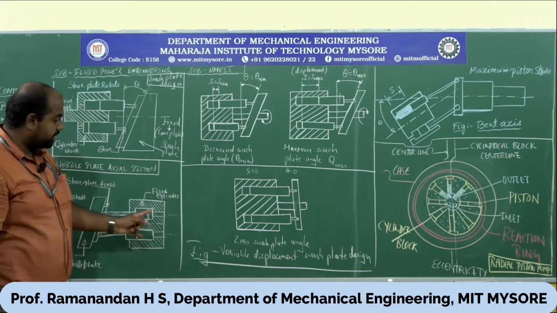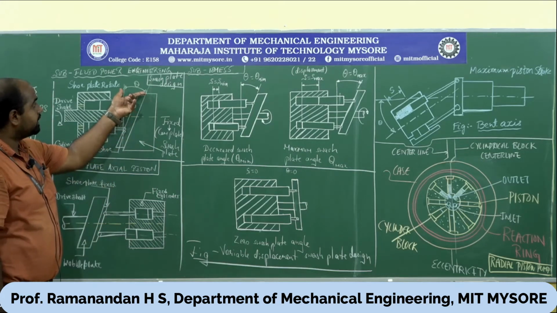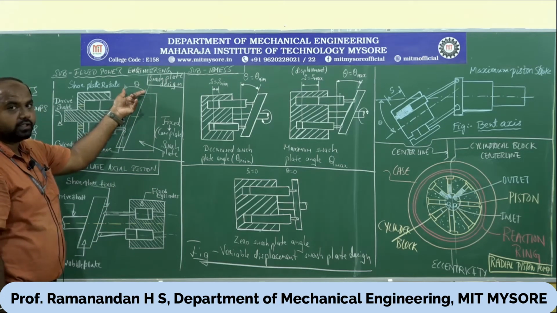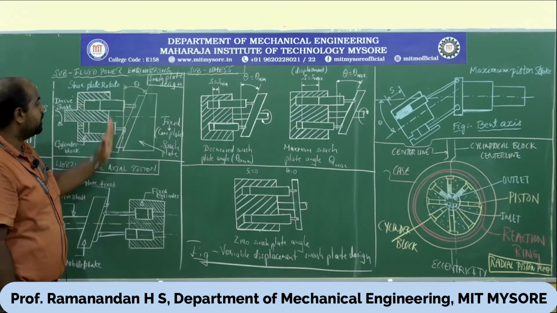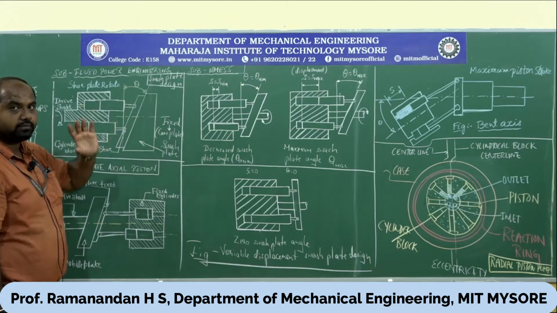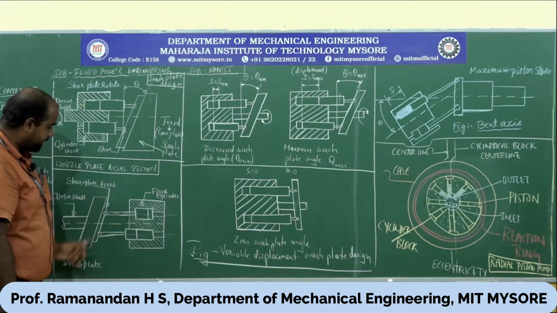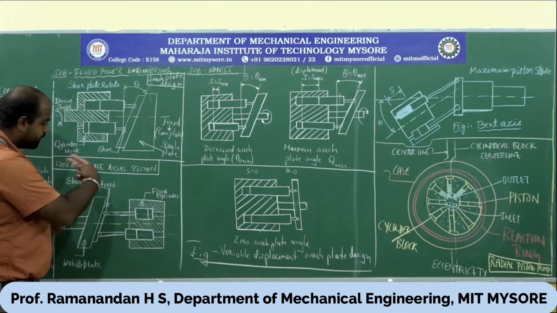Cylinder is fixed, swash plate is rotating. Here you can see theta is fixed. Theta means the angle of the cylinder to the angle of the swash plate, because that is why you obtain fixed displacement. So here also theta will be fixed, and the swash plate will be continuously revolving.